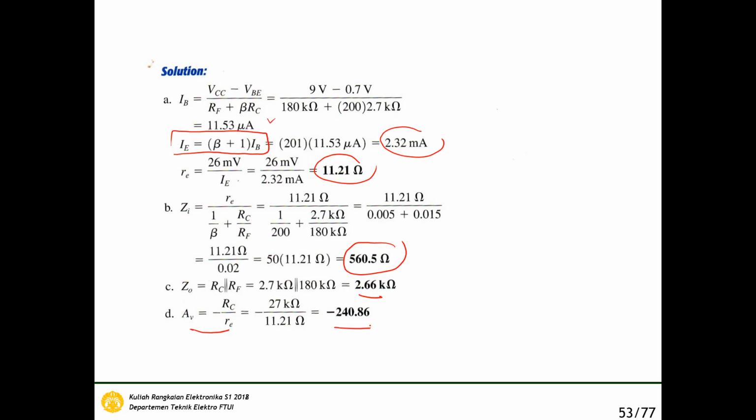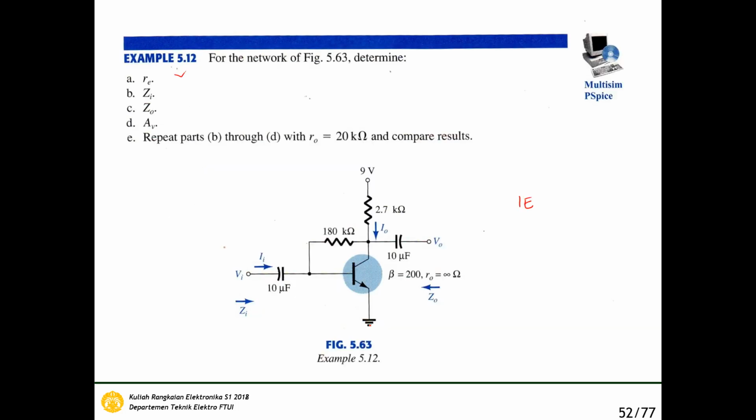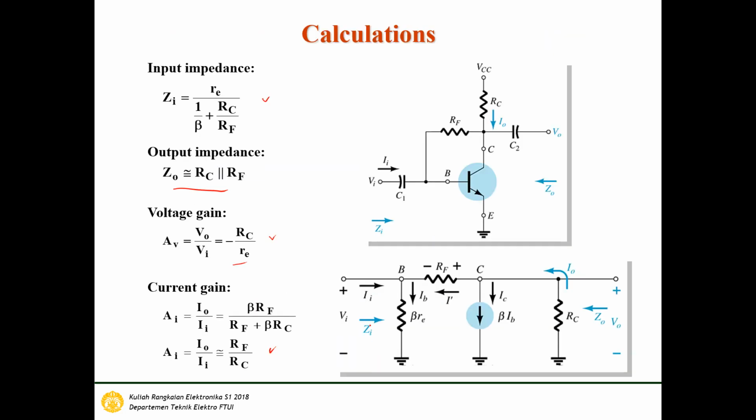We got that AV is minus 240.86. And actually, please read the book on how to get these equations, I mean the input impedance, the output impedance, voltage gain, and current gain, to get a full understanding of this chapter.